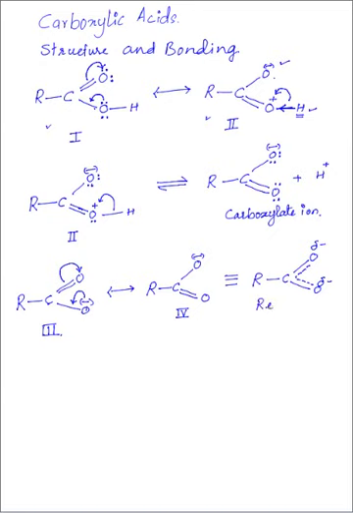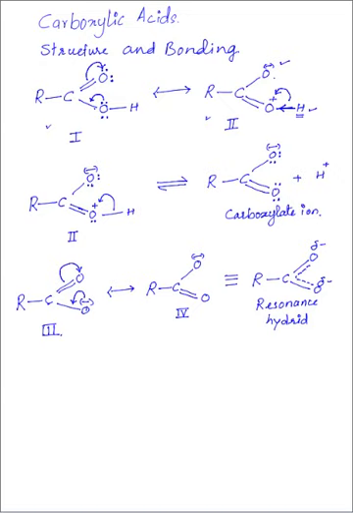This is called resonance hybrid. Because both structure 3 and structure 4 are equivalent, the charge is simultaneously distributed among both the oxygens, and both have a partial double bond and a small negative charge.